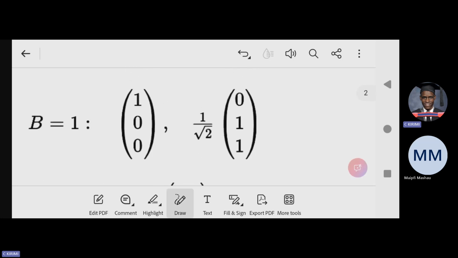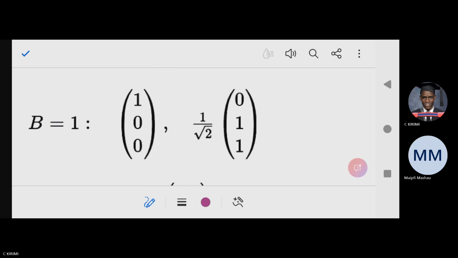Why is it being multiplied by 1 over root of 2? We are saying this is a unit vector, (0, 1, 1). If you multiply it by 1 over root of 2, we get a unit vector of 1. Why?